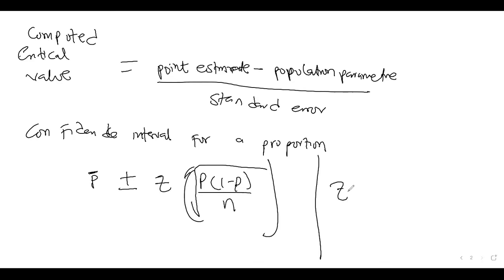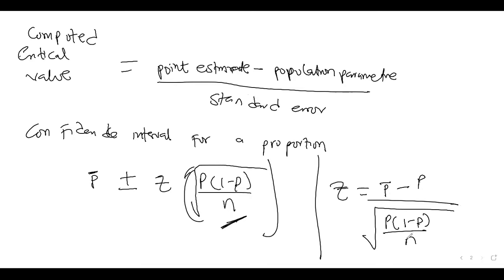This means that if you want to compute the Z value of the proportion yourself for the purpose of hypothesis testing, the computed critical value is the sample proportion minus the population proportion, over the standard error, which is the square root of P times the bracket 1 minus P, all over n.